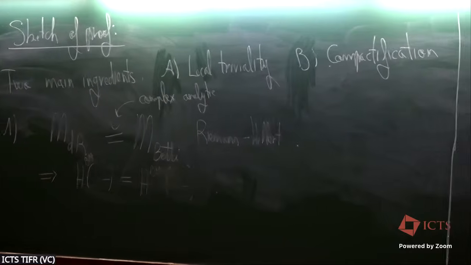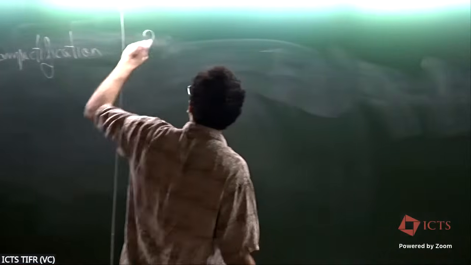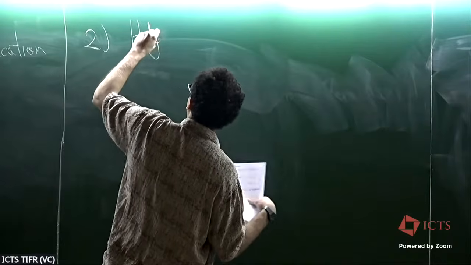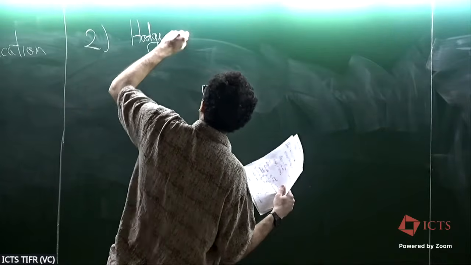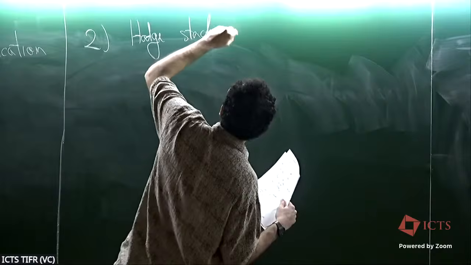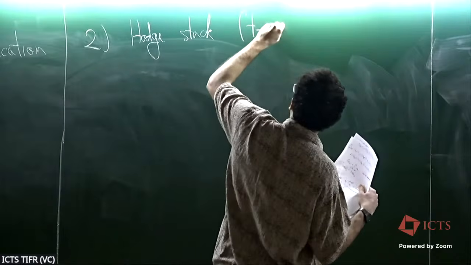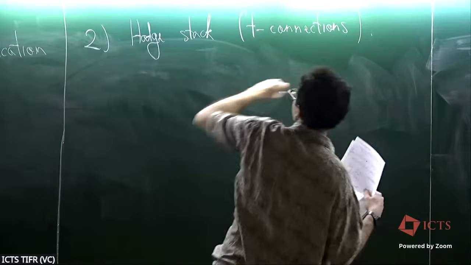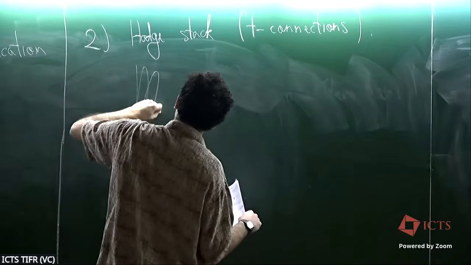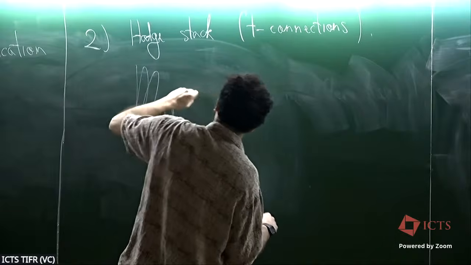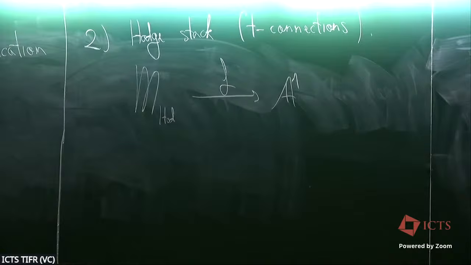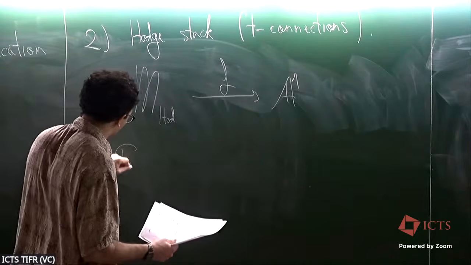This is the Hodge moduli stack, parameterizing lambda connections. This is a moduli stack over A1 with a few nice structures and properties.